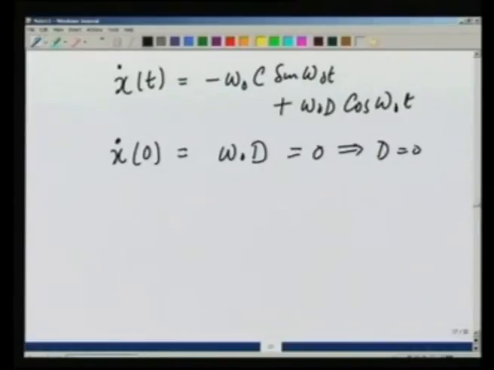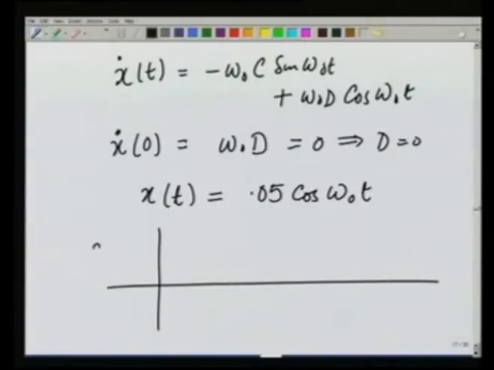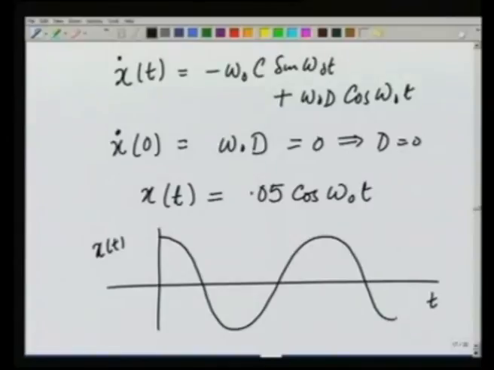So in this situation, when we took the particle to a maximum distance and left it, the solution looks like x(t) is equal to 0.05 cosine of omega 0 t. If I plot it on an x(t) plot, it will look something like this, where this distance is 0.05.